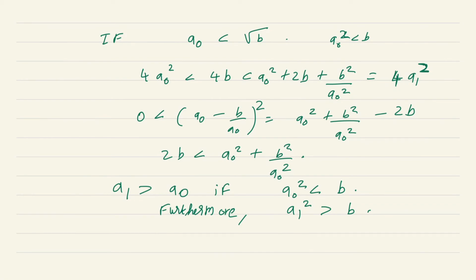Okay, so what happens is, once you apply Newton's method with an initial guess less than square root of b, the next value a1 will be greater than square root of b. So we move on to the previous case. So we can safely assume our initial guess a naught was greater than square root of b, because anyway we will land up in this situation even if a1 was less than square root of b.